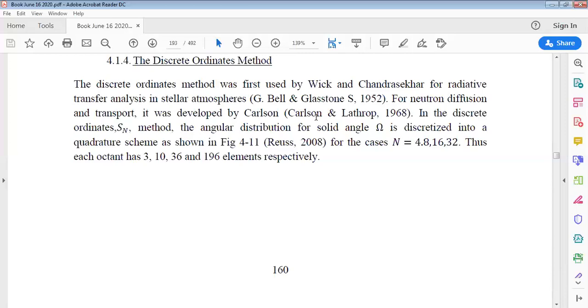So ANISN was something which students were taught in the master's program. I don't know how much of it is used now, but I think many of us got into numerical methods by using ANISN. Then, of course, DOT came, the two-dimensional discrete ordinates transport, then TORT and TART and ONEDANT.